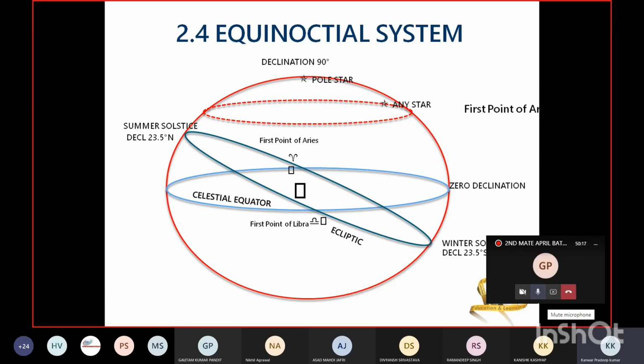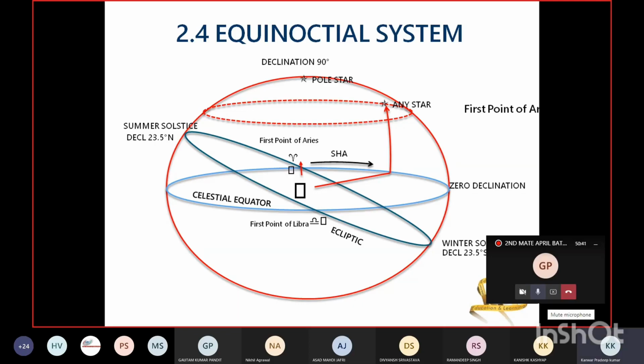So that is a star which is going around a parallel of declination. That is the declination of the star. Sidereal hour angle.